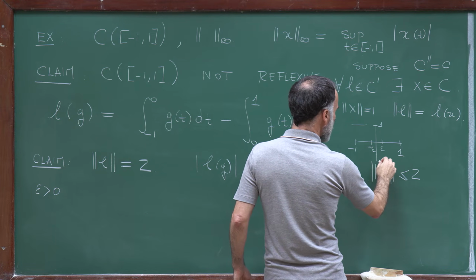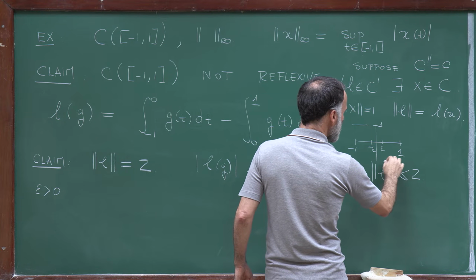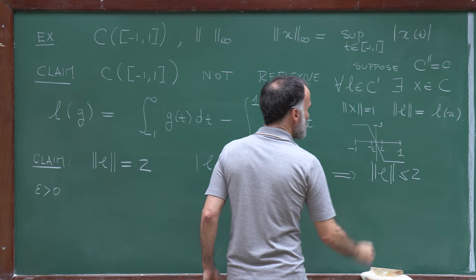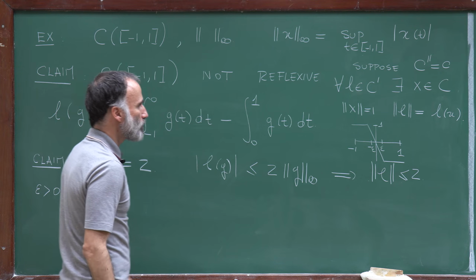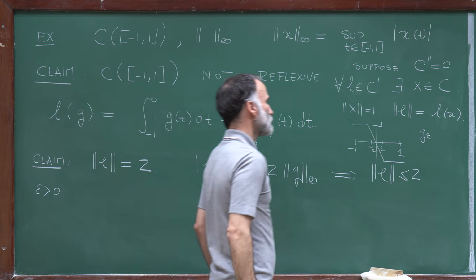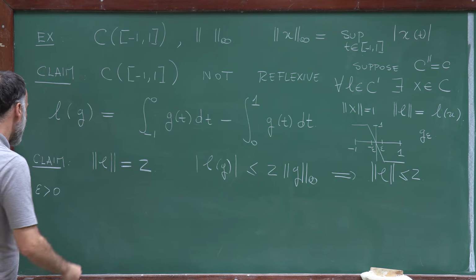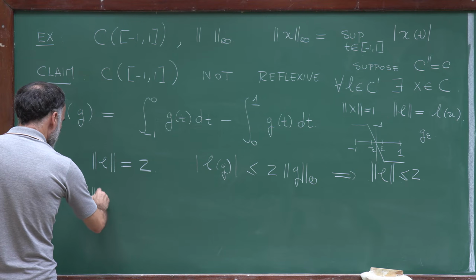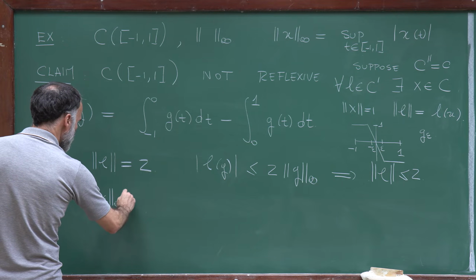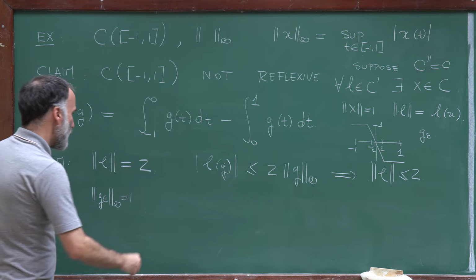It will be equal to -1 from epsilon to 1, and linear in between. So this is my function g of epsilon. The norm of g of epsilon is equal to 1.